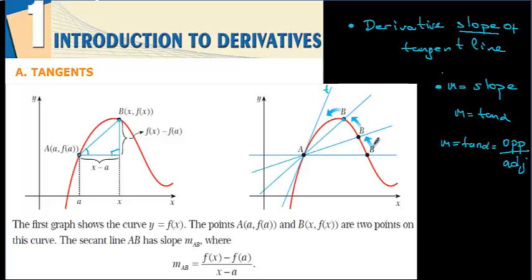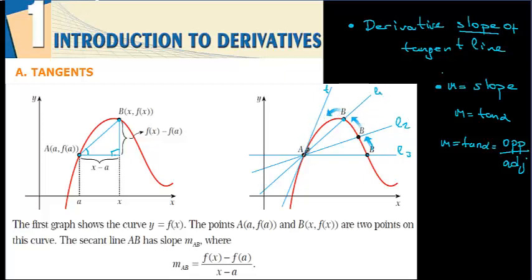Now we are using the approximation technique for this, and this graph shows what happens when we get closer to A. B was here, and this is line 3. Then B was here, and this is line 2, and B moves up, and this is line 1.